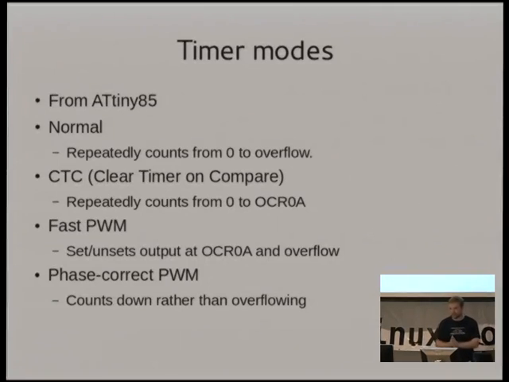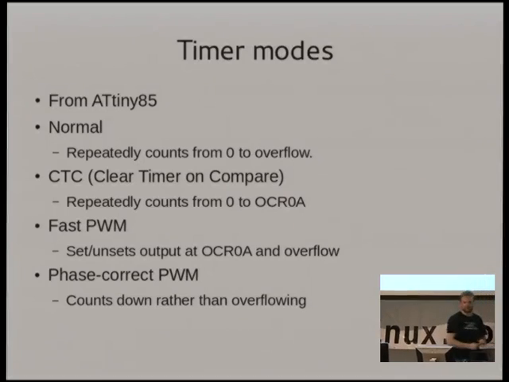So the timer modes are just different ways of counting. In the documentation for the chips, it's shown as a waveform, and they're called waveform generation options. What you have is the normal one, which is just sort of counting up, hits overflow, back down to 0. You have CTC, clear timer on compare. This is where you can say, I want it to count until 20,000, and then reset back to 0.